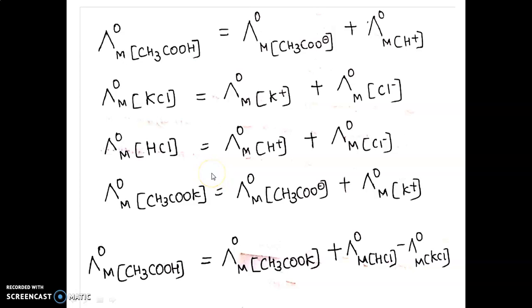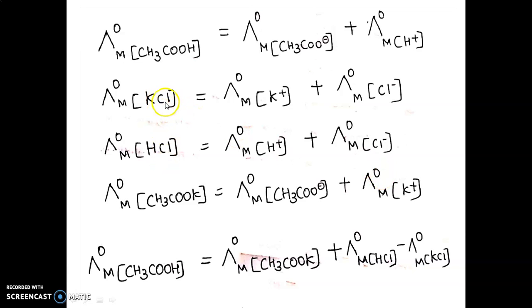Similarly for potassium acetate, the molar conductance at infinite dilution is equal to the molar conductance of acetate ion, that is the negative ion CH3COO minus, at infinite dilution plus the molar conductance of K plus ion at infinite dilution.